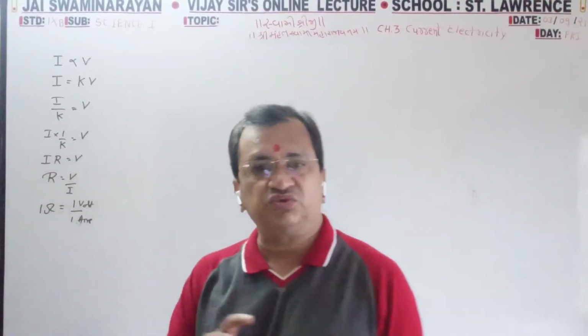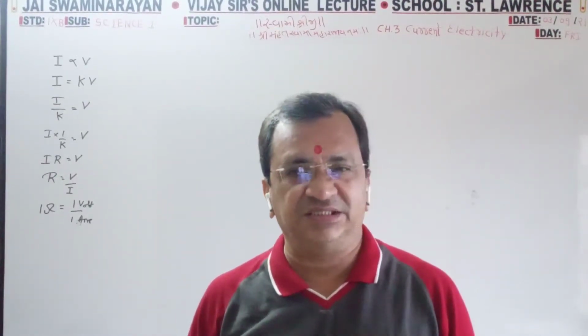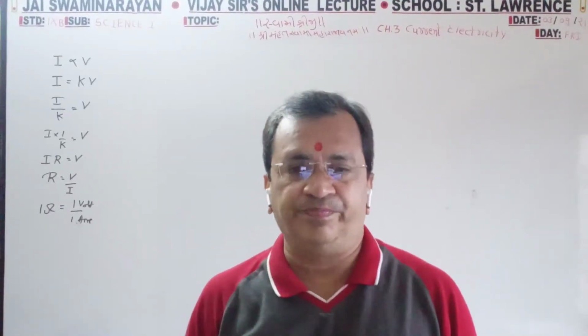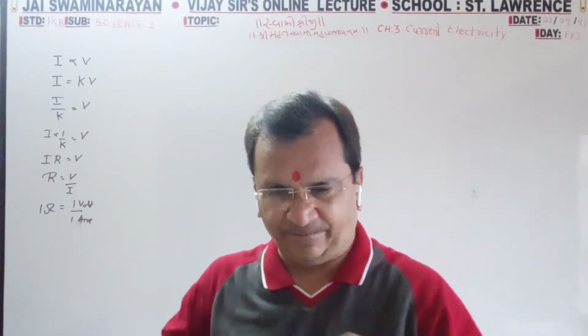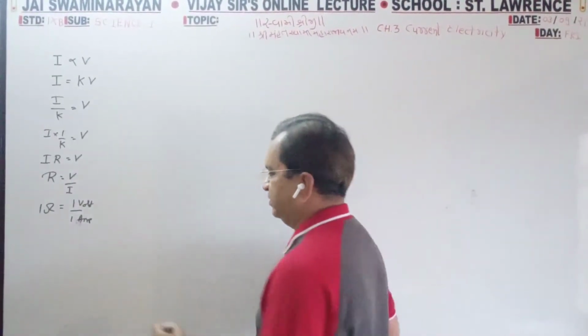Both are 1, so the resistance is 1 ohm. You can say the resistance of a conductor or in between two points is 1 ohm, that is 1 volt by 1 ampere.